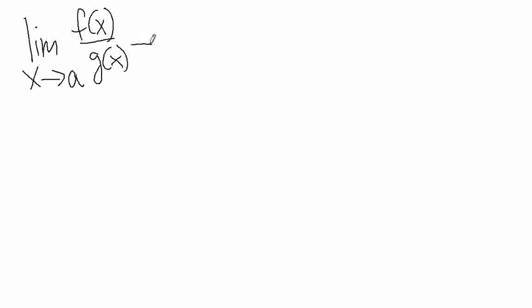Here is the situation I'm going to prove, and then other cases I'll just mention but not prove. So the limit as x approaches some arbitrary number a of f of x over g of x equals question mark f prime of a over g prime of a.